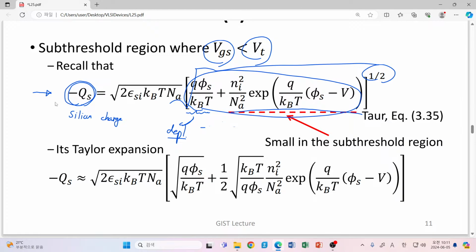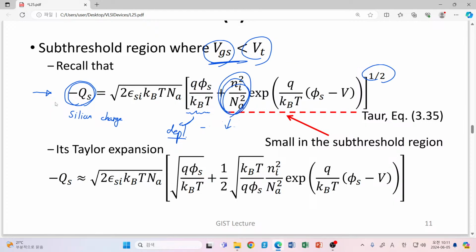However, fortunately, when we have the substrate case, then we can easily understand. Here we have two terms, and since we have a quite small leading coefficient in the subthreshold region, this second term is much smaller than the first term.